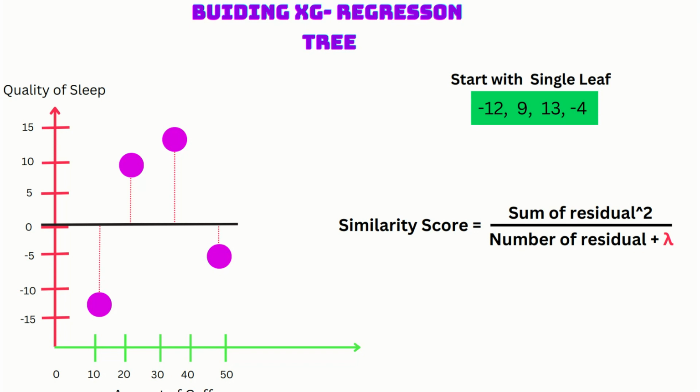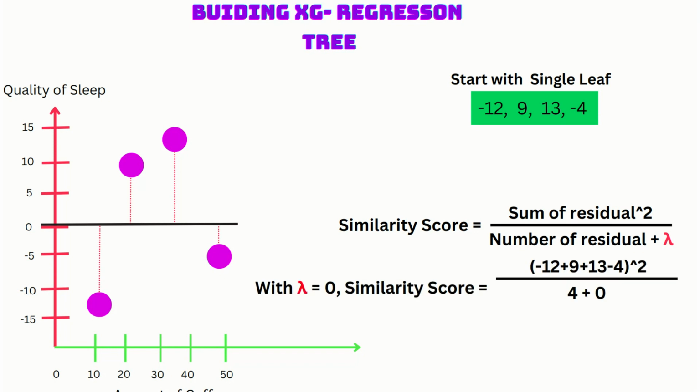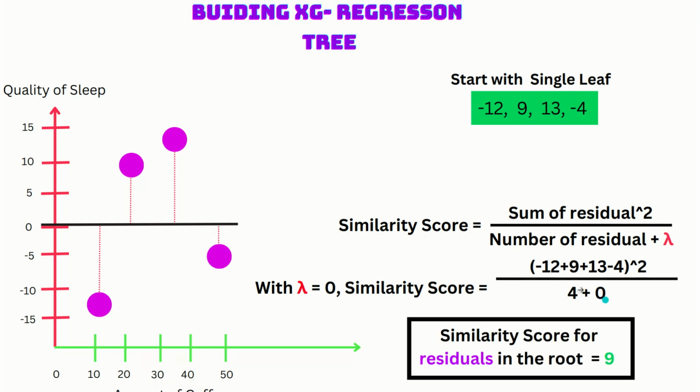For this example, we will set lambda equal to 0. Then we put all the residuals here, -12, 9, 13, -4, and we take the square of the sum divided by 4, the number of residuals, plus lambda. And we get a similarity score for the residuals in the root equal to 9.